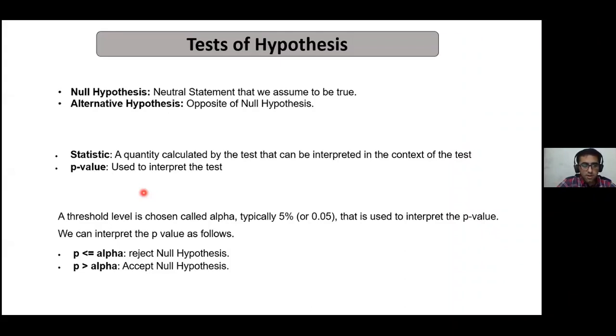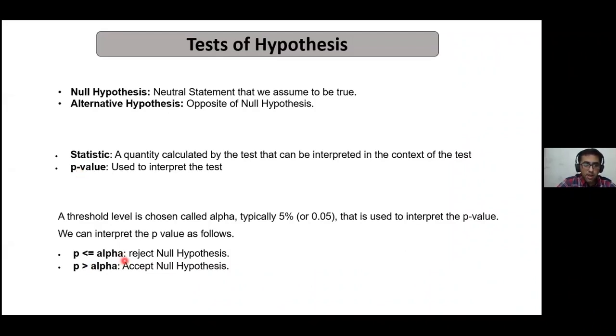If we assume that our data has 10% error, we take alpha as 10%. Depending on that alpha, we reject or accept the null hypothesis.